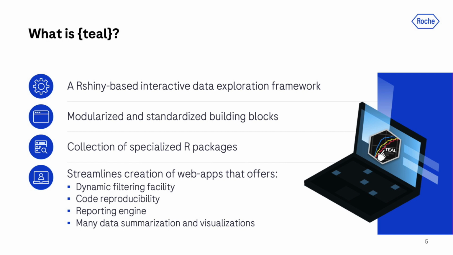So ultimately, it streamlines the creation of R-Shiny apps that pack many valuable features, including dynamic filtering of the input data, code generation for better reproducibility, a reporting engine for easy cataloging of the result, and a set of purposefully designed and curated analysis modules that provide data summarization and/or data visualization.